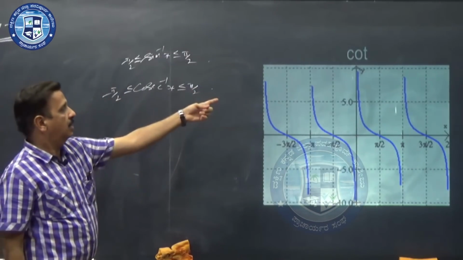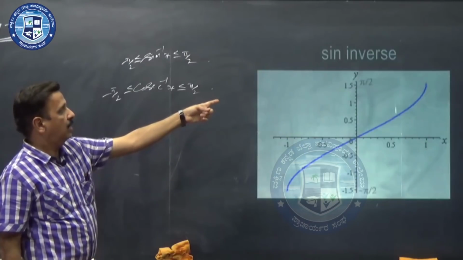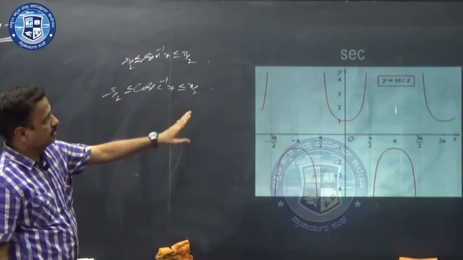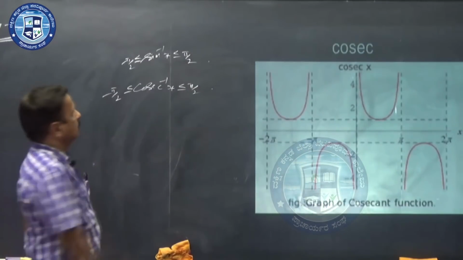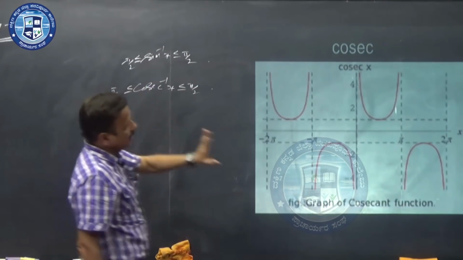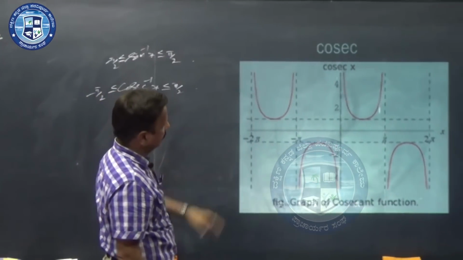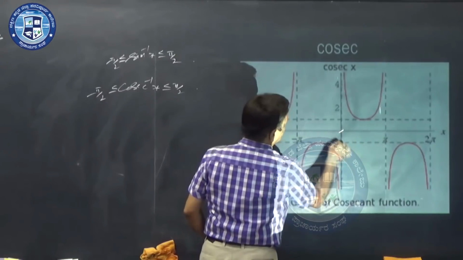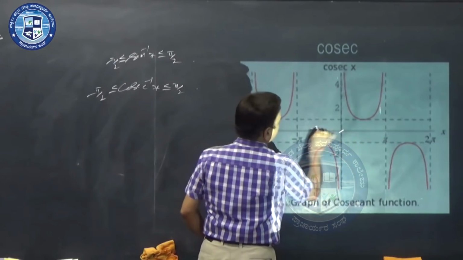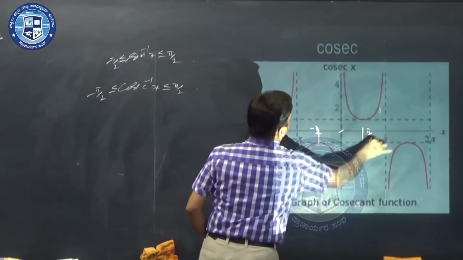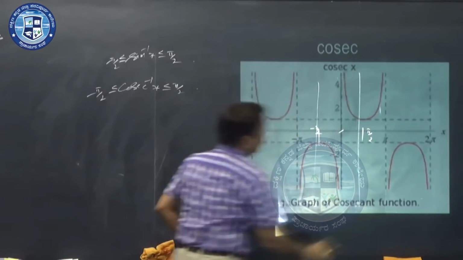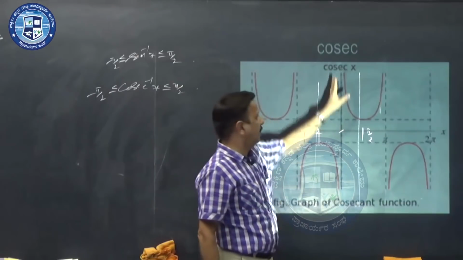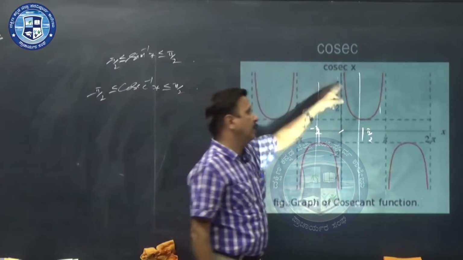Okay, if you take the cosec graph, why are we choosing cosec inverse x between minus pi by 2 to plus pi by 2? So this is minus pi, this is plus pi, this is minus pi by 2, and this is plus pi by 2. Between these, you find that if you draw horizontal lines, nowhere will it cut the curve at 2 points, it will cut at 1 point only.